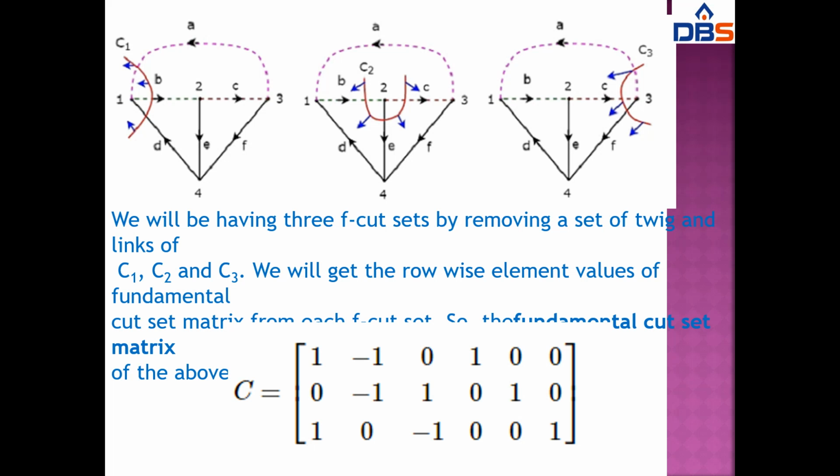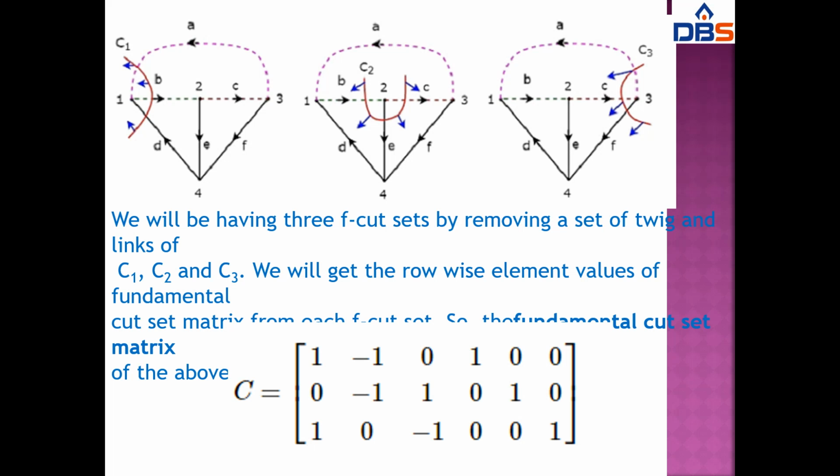So C1, C2, C3, we will get the row-wise element values of the fundamentals. So the cut-set matrix from each fundamental cut-set, the fundamental cut-set matrix of the above considered tree, will be C equal to C1 minus 1.